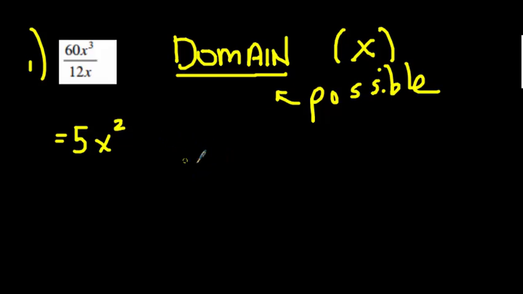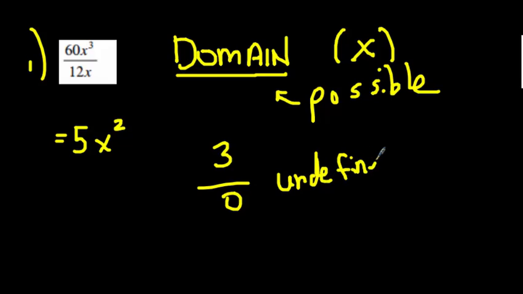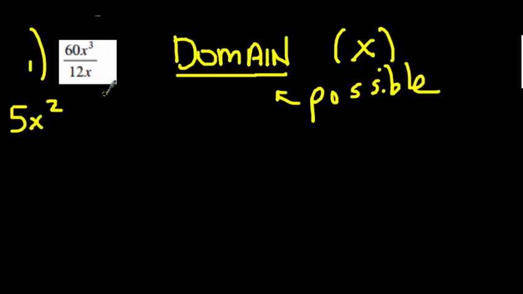But in this particular situation, we know in math, for instance, what is 3 divided by 0? We know that 3 divided by 0 is undefined. So if something has a 0 in the denominator, that is considered undefined. In our problem, for restrictions, we only really care about the denominator.